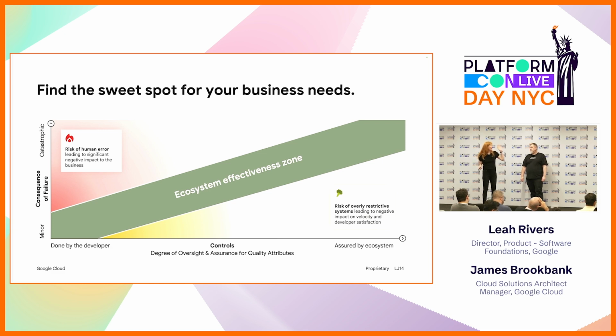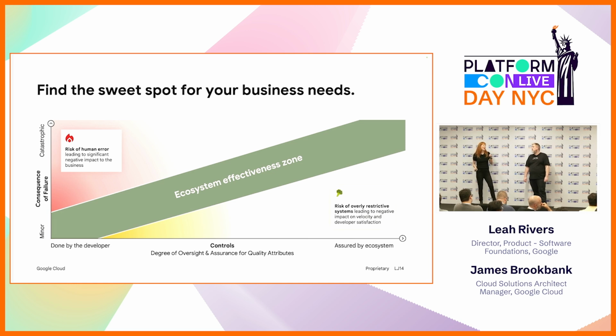So on the y-axis, we have the penalty for failure, basically. Like how bad is it if somebody makes a mistake, and how well will we notice if someone makes a mistake? On the x-axis, we have our ability to use our platform to gain control over quality attributes.